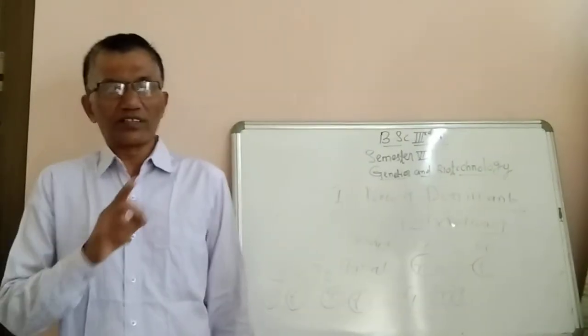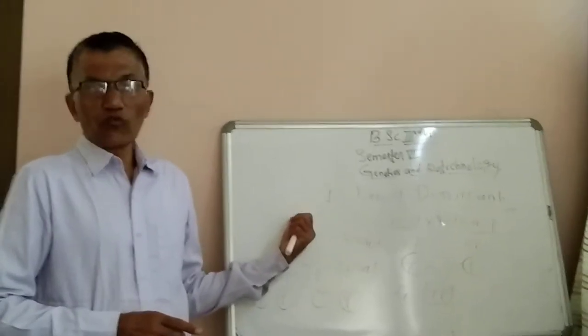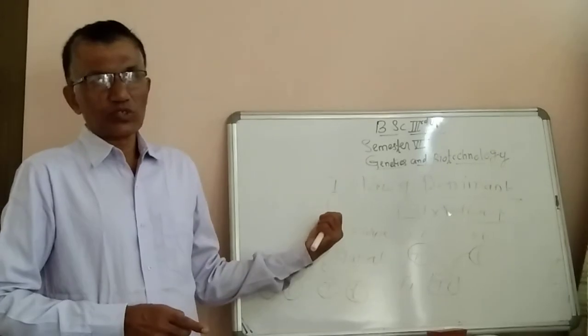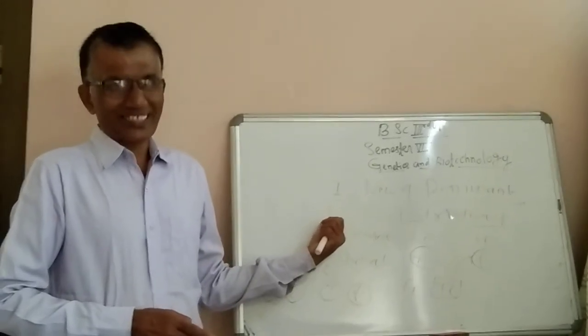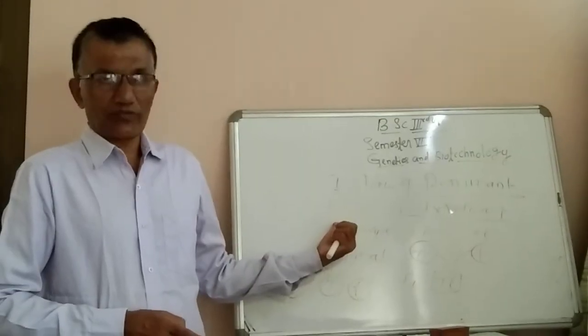Out of these 3 tall plants, one is homozygous tall, 2 are heterozygous tall, and the remaining one is homozygous dwarf.